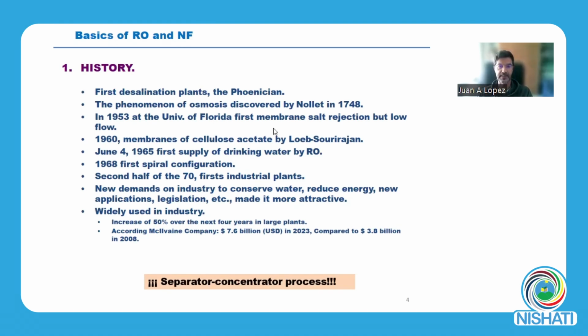For instance, in some nuclear power plants, we need to recover radionuclides or contamination, or in the dairy industry, we need to retain proteins, vitamins, I mean the solute, but not the water. It depends. So desalination using reverse osmosis and nanofiltration is a separator concentrator process. So you can obtain the water without salts, or you can obtain the concentrate. So it depends.